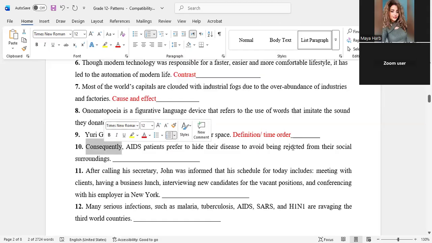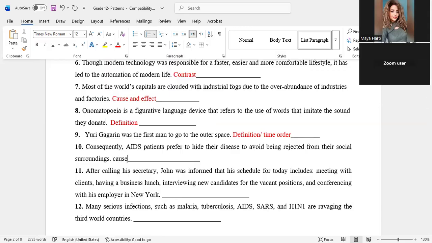To avoid being rejected from society. They hide their illness so they are not cut off from society. So in this case, what is the pattern? Cause and effect. Excellent. They are giving us the reason and the result. This one is so easy.